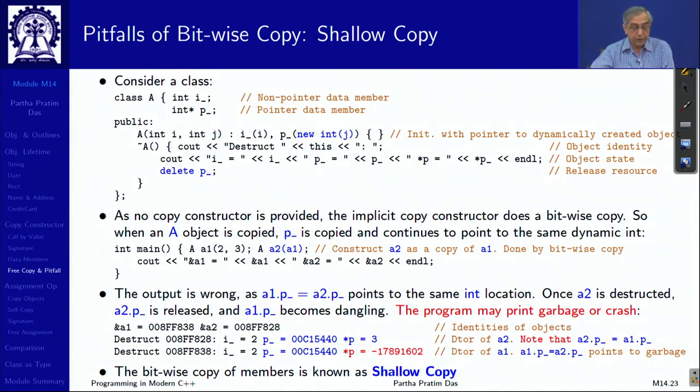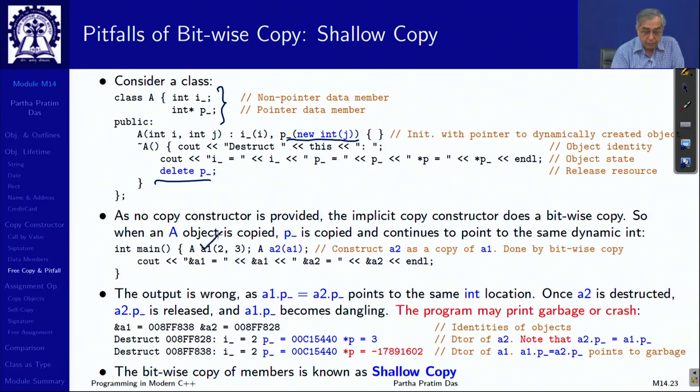To illustrate, I have shown here a class with one integer value and one pointer to integer. Naturally, in the constructor a dynamic allocation is made, and that will be deleted later on. Now, I have not provided any copy constructor. So, what will the compiler do? It will provide a free one which will copy everything. So, what happens?